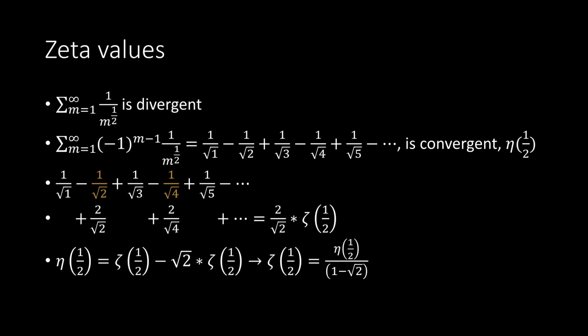And this is something very interesting, because the eta function in its sum definition is convergent, and of course we can always compute it and then divide it by 1 minus the square root of 2. And this analytically continues our zeta function, which had a divergent series before. Quite nice, actually. So that's the easy part.